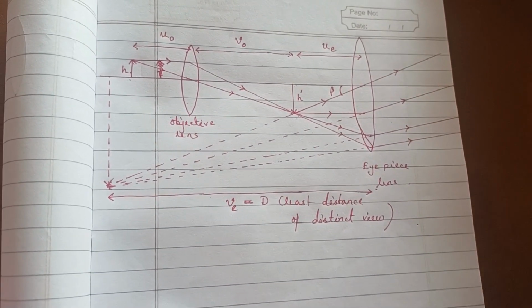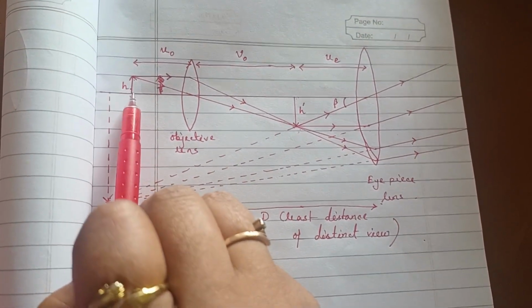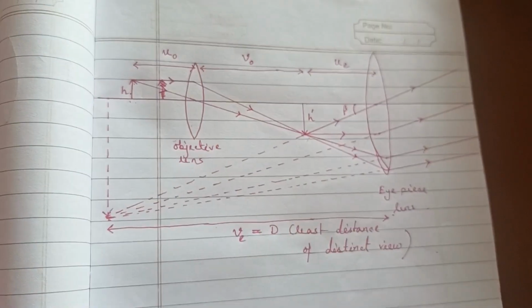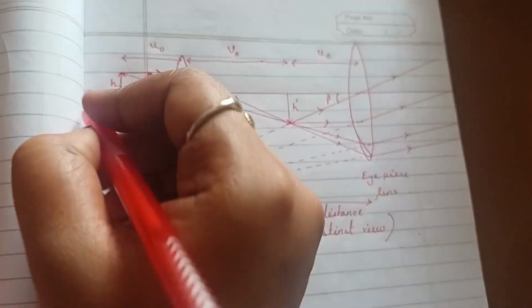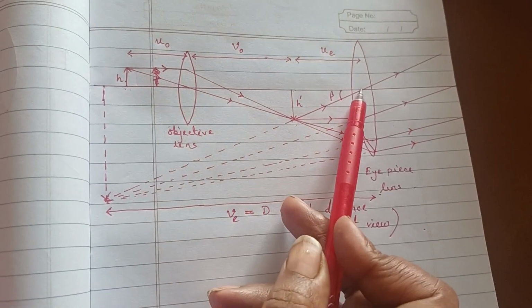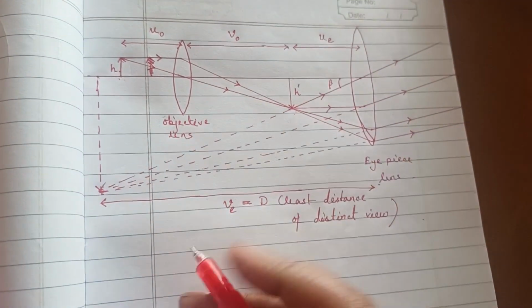Similarly, you have to find out another angle. If I shift the object from its position to the position of the final image, and keep it over here like this, this is going to make another angle with the eyepiece lens. That angle will be alpha. So as I am not drawing it over here, I am drawing it separately.